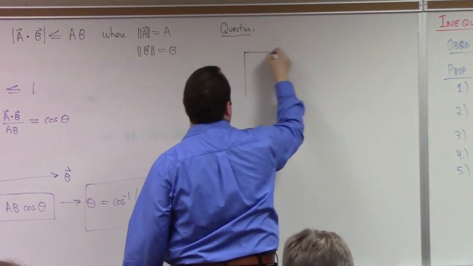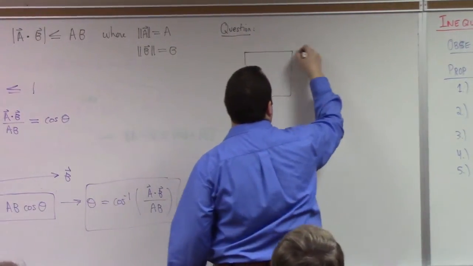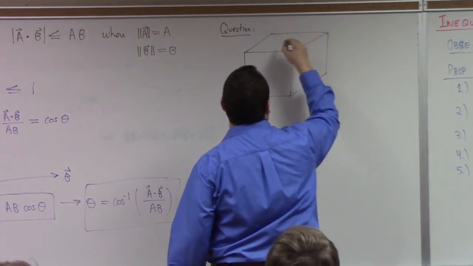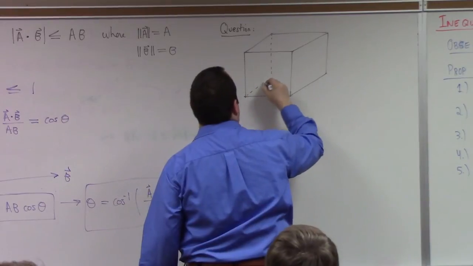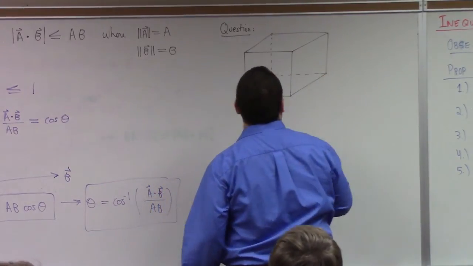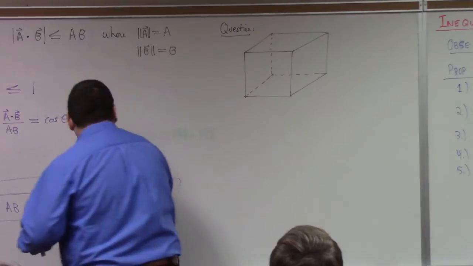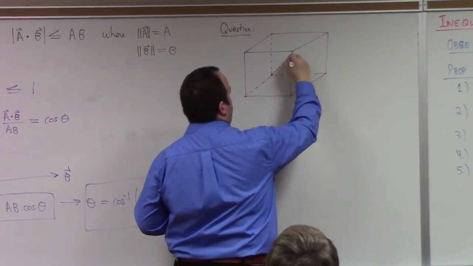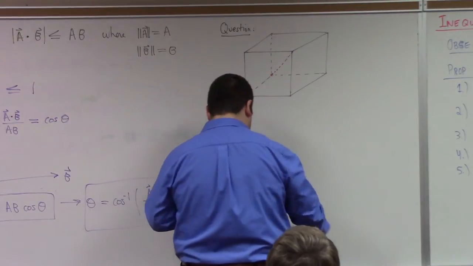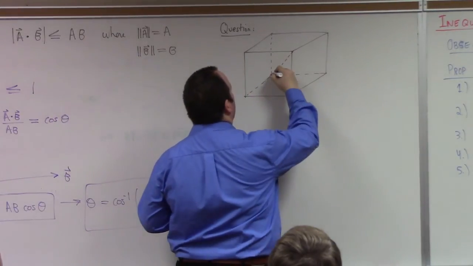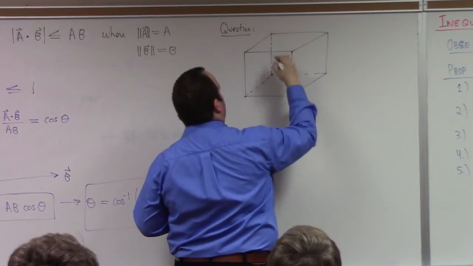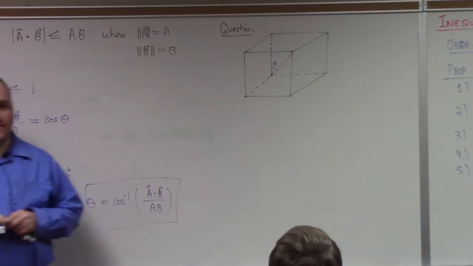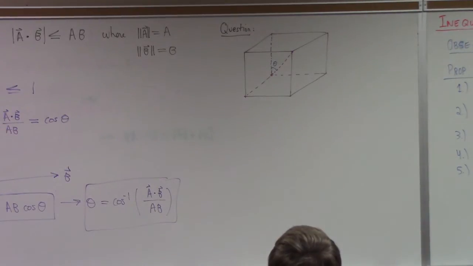If you think about a cube, what is the angle between any vertical leg in the cube and a diagonal? So like, say, what's the angle between this diagonal and this leg here? "45 degrees."